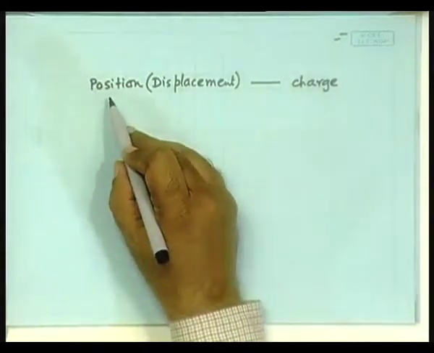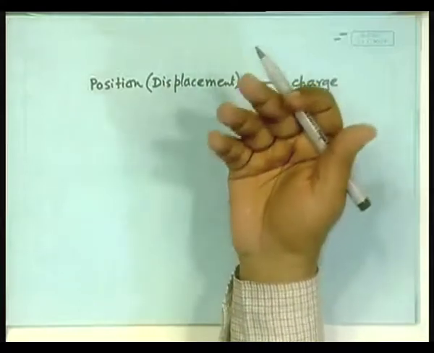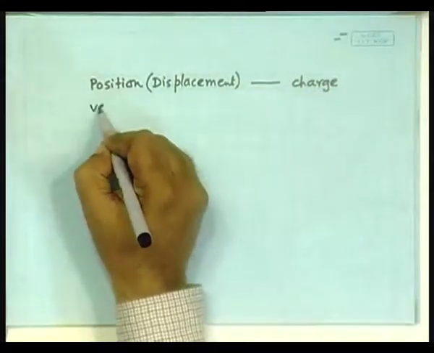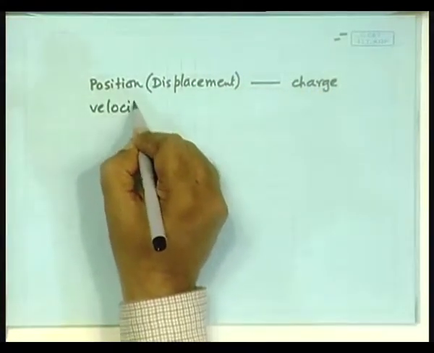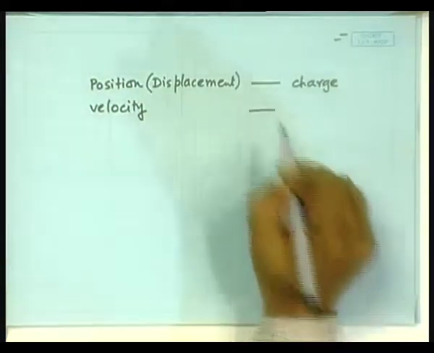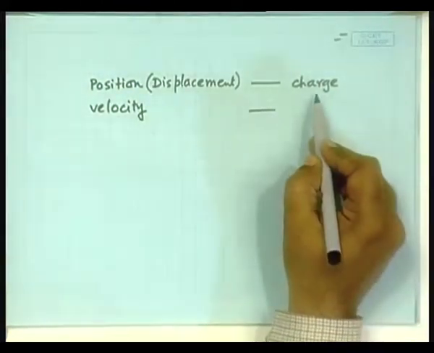The rate of change of position is velocity. So, velocity is equivalent to the rate of change of charge, which is current.